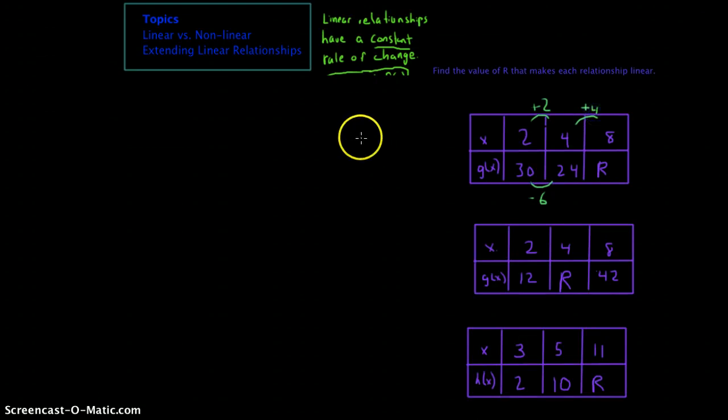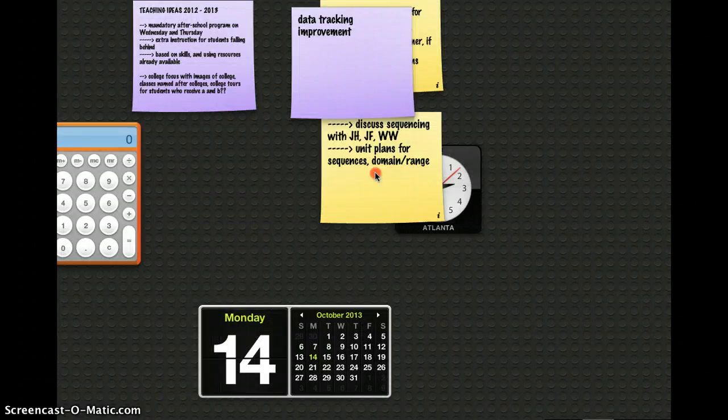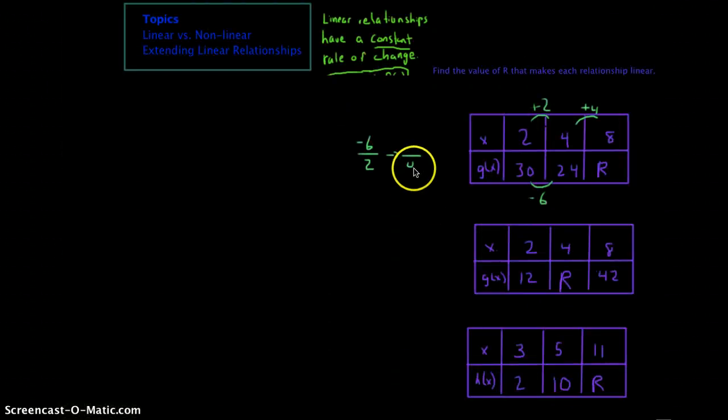Well, think about what we know about ratios. If I'm going down 6 every 2, what if I have to go 4? How do I get from 2 to 4? Well, that's times 2, right? Same thing here.